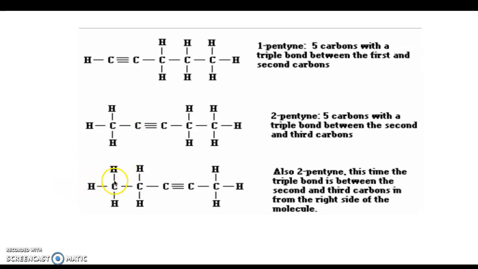If we look down here, 1, 2, 3, 4, 5, or 1, 2, 3, 4, 5, again, the lowest number gives 2-pentyne. These two are the same molecule, they're just flipped 180 degrees. This is why it's important to count your carbons in both directions, because you always need to pick the lowest number carbon for the triple bond to occur on.